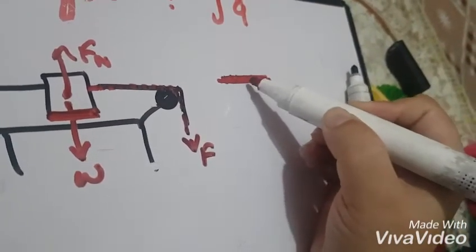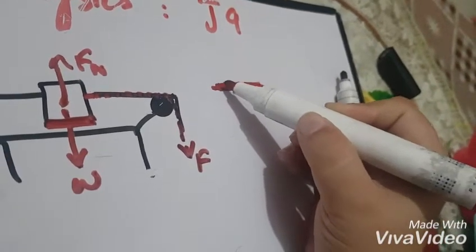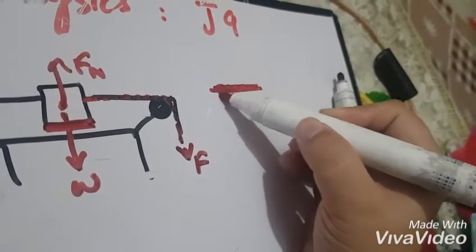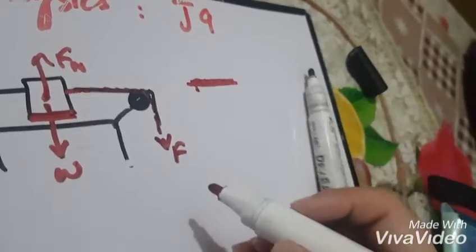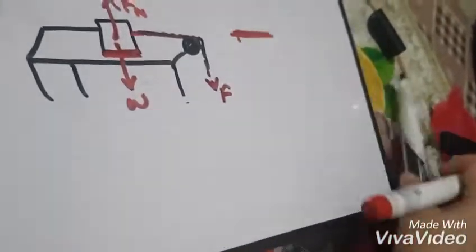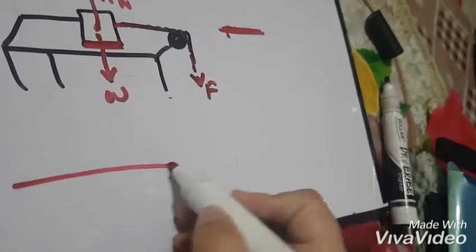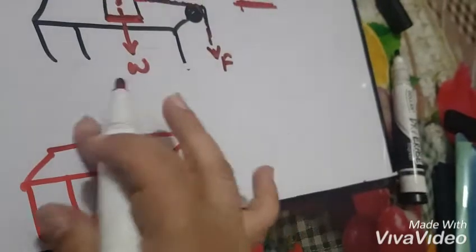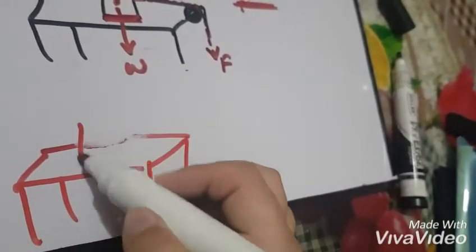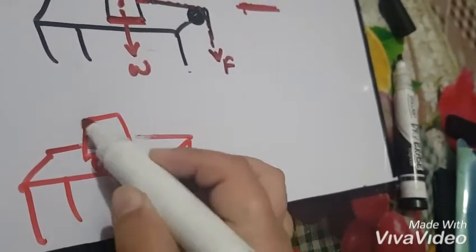It depends upon surface area, that is, how much area is connected between these two objects. For example, if we replace this object, this is the table top, and this is the same box but having wheels.